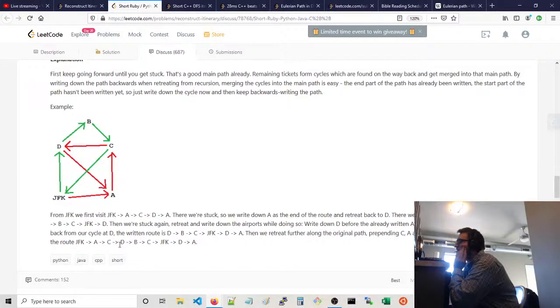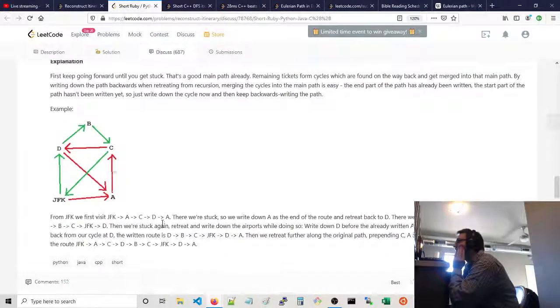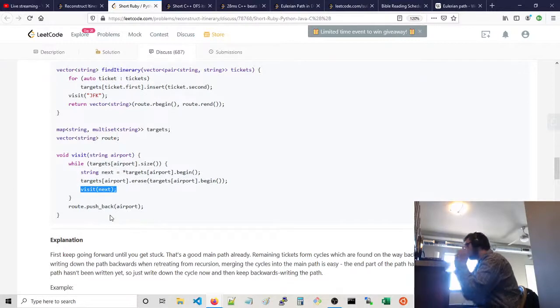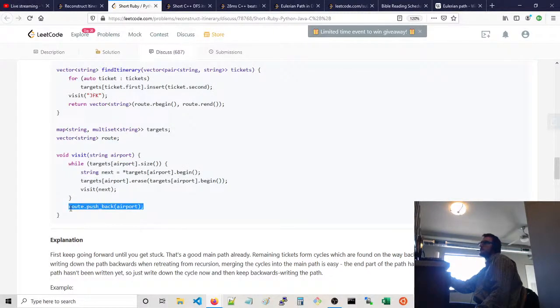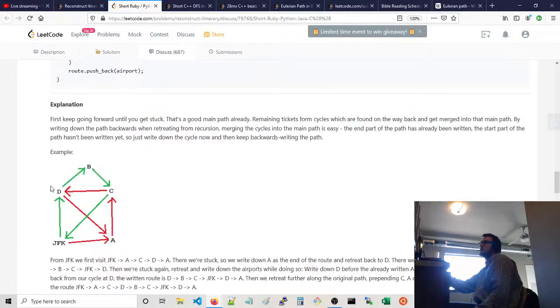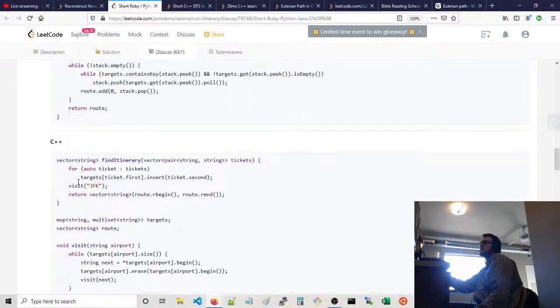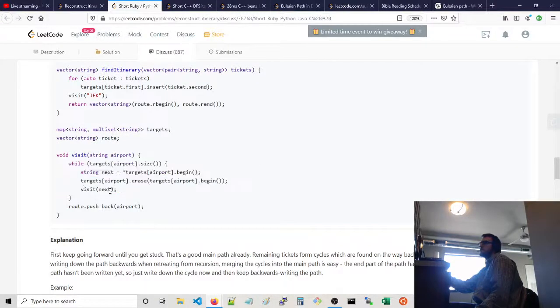See, that's really confusing. When you get stuck, you would retreat. But you're writing this onto the back of the array, after everything is done inside the loop. So we didn't write A yet, or excuse me, we got to D, we processed A and B before we wrote D, right? Process A and process B and then write D on the backside.